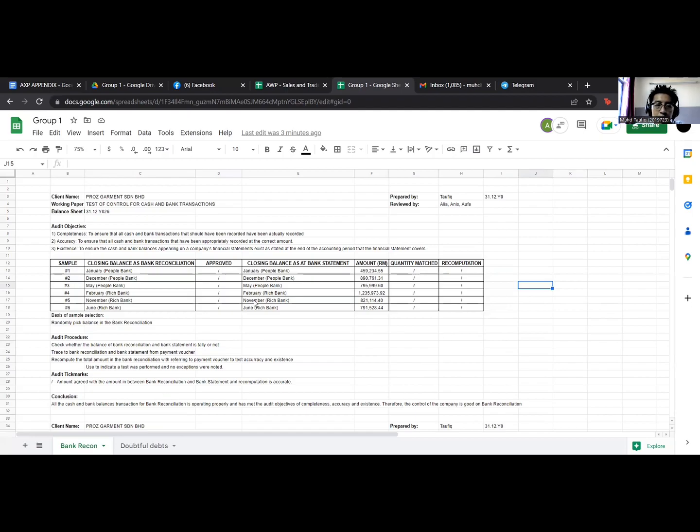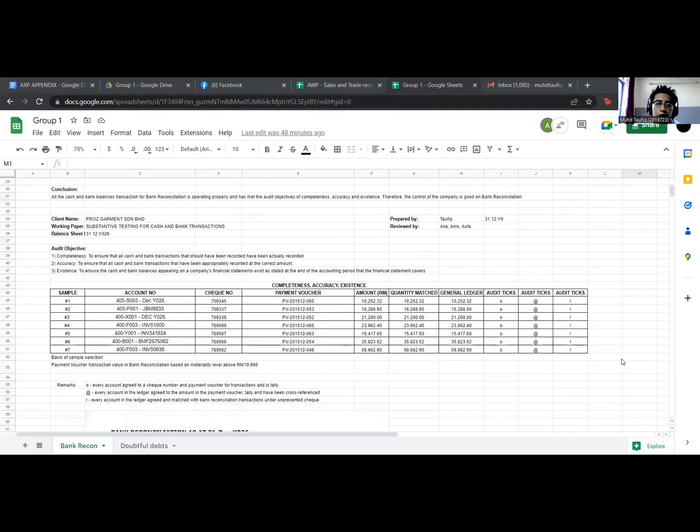The amount agreed tick mark indicates that the amount agreed between bank reconciliation and bank statement and the recomputation is accurate. In conclusion, all the cash and bank balances transactions for bank reconciliation are operating properly and have met the audit objectives of completeness, accuracy, and existence. Therefore, the control of the company is good on bank reconciliation.